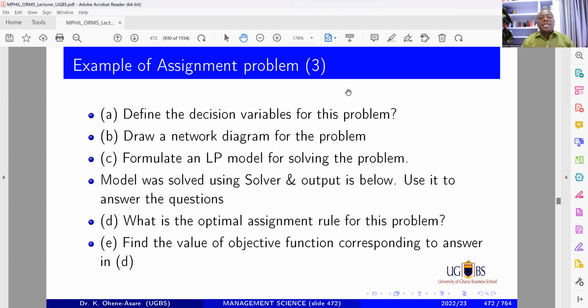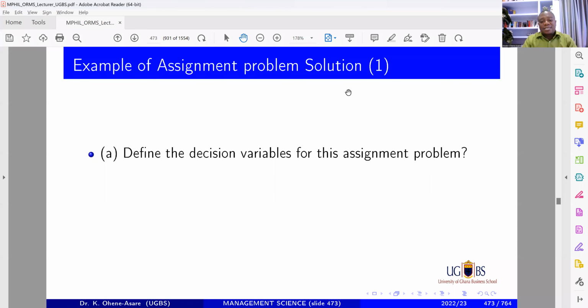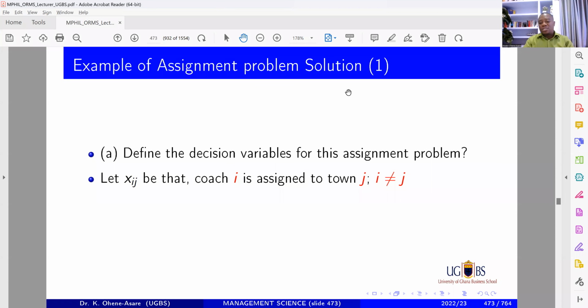The first thing is to define the decision variables. How do you define it? It's simple. The decision variable, as we know, is always defined as the number of officials from node I to node J. Here node I refers to the team of officials, and node J refers to the town.